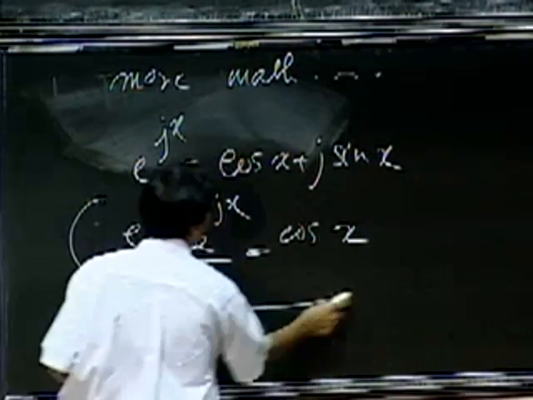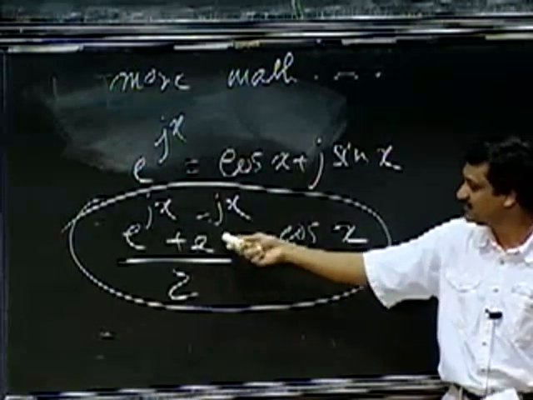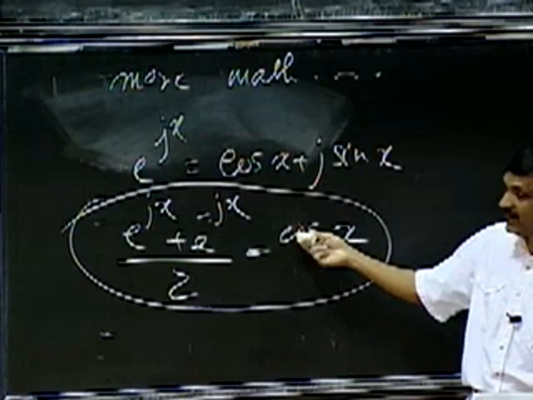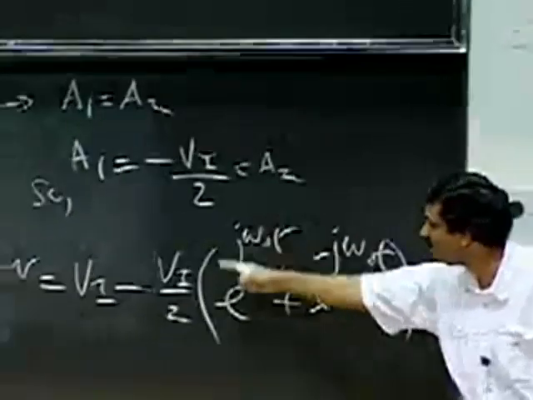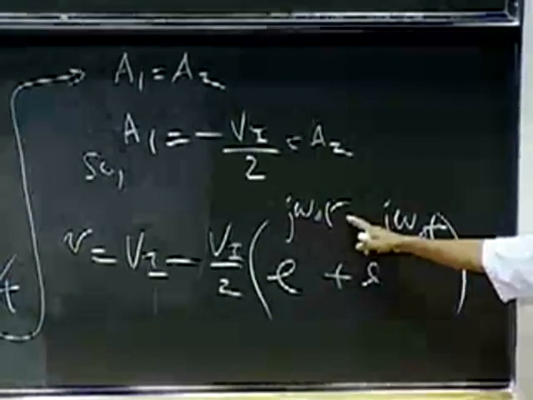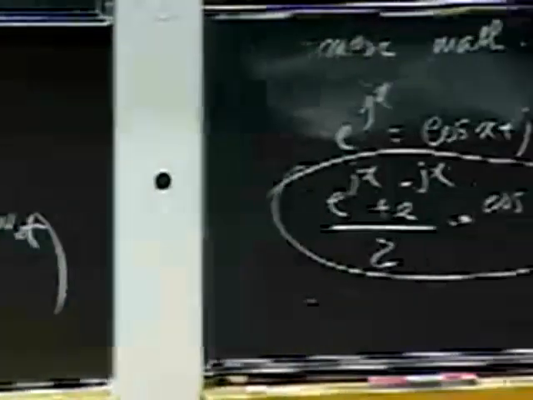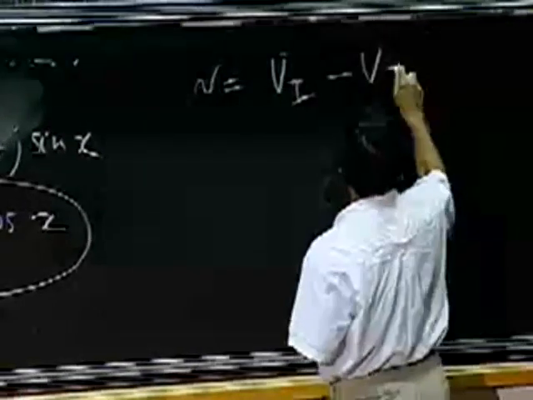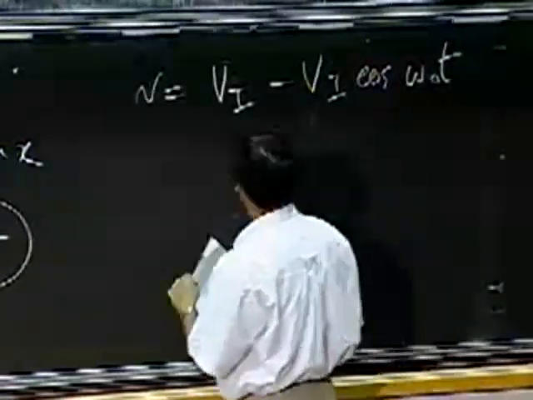So e to the jx plus e to the minus jx is 2 cosine of x, and so this one is 2 cosine of omega naught t. The 2 and 2 cancel out, and what I'm left with is V of t is Vi minus Vi cosine of omega naught t.